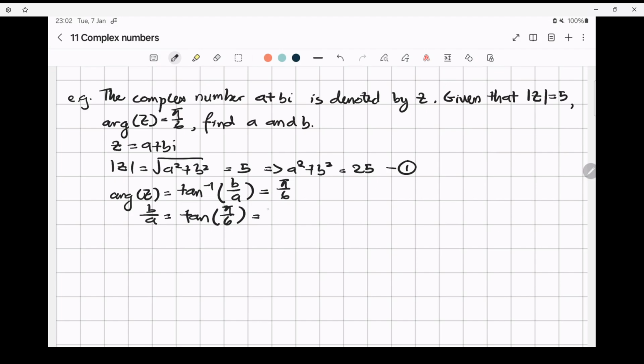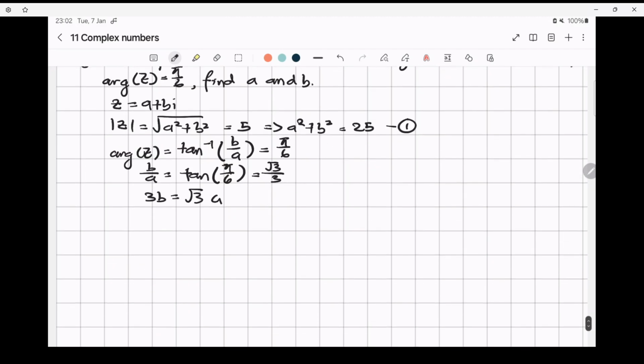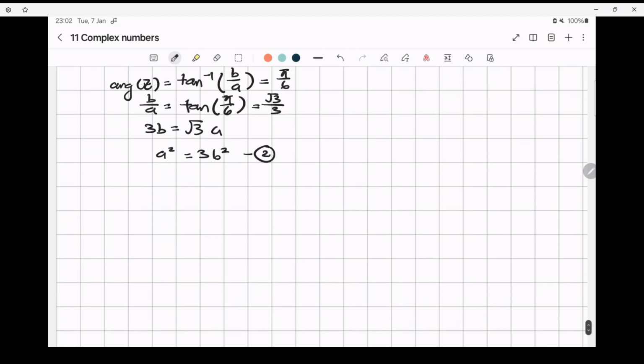This will give you square root 3 divided by 3. Or in other words, 3b will equal square root 3 times a, or you can write a squared equals 3b squared. So that will be our second equation.